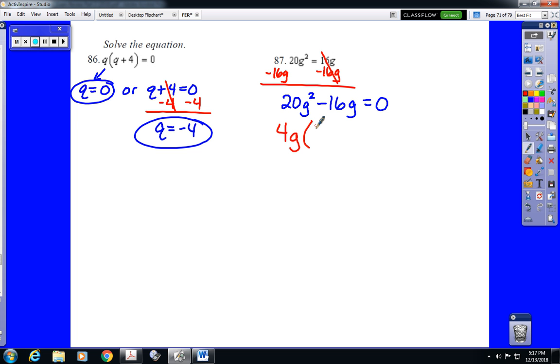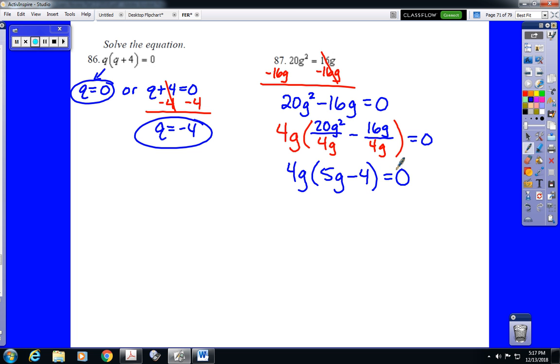So again, we're dividing those two terms by 4g, and that would still equal 0. So that would be 4g times 5g minus 4 equals 0.